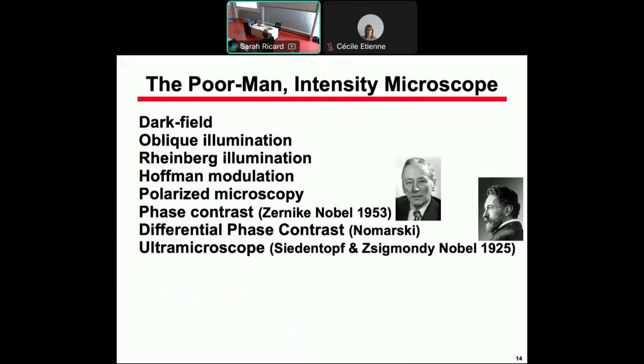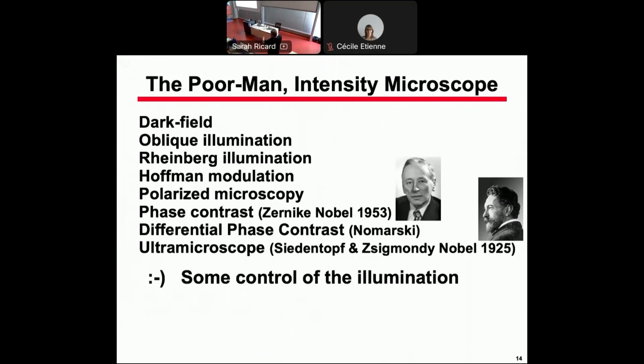And the ultramicroscope is something very old. The invention is 1906. It was invented to study colloids, and it has been reinvented in fluorescence microscopy in the 1990s under the name of selective plane illumination microscopy or light sheet microscopy. Really the basics.